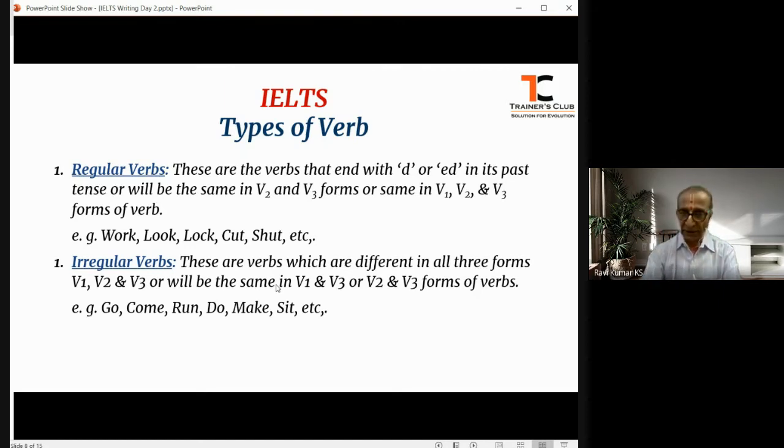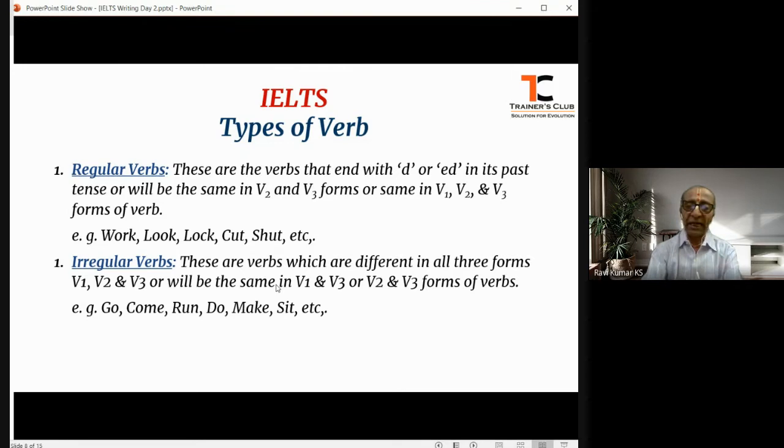Like certain examples it has been given here. Like work. Work, worked, worked. We add ed to it. Work becomes worked for V2 and even for V3 it becomes worked. In the same way, look becomes looked, log becomes logged.